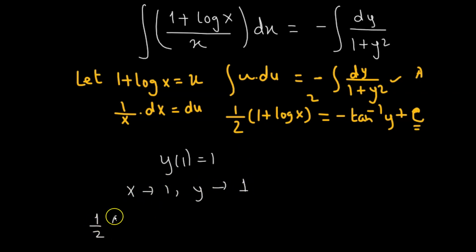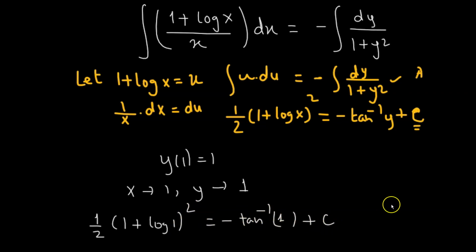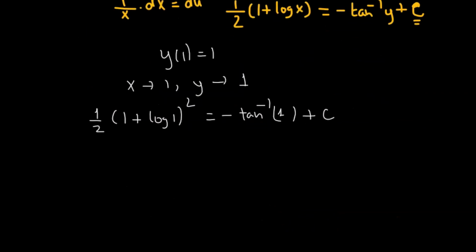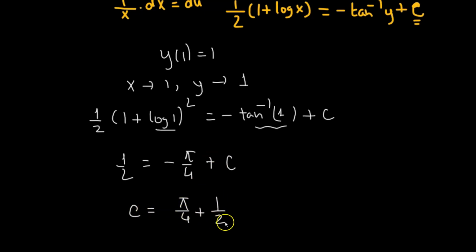We have half of (1 plus log 1) whole squared equals negative arctangent of 1 plus the constant c. We know that log of 1 is 0, so we have half equals negative tangent inverse of 1, which is pi over 4, plus c. Solving for c, we have pi over 4 plus half.